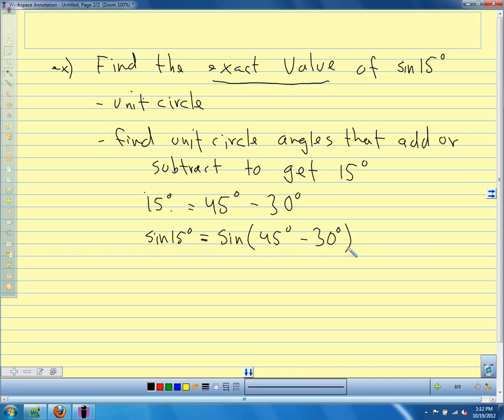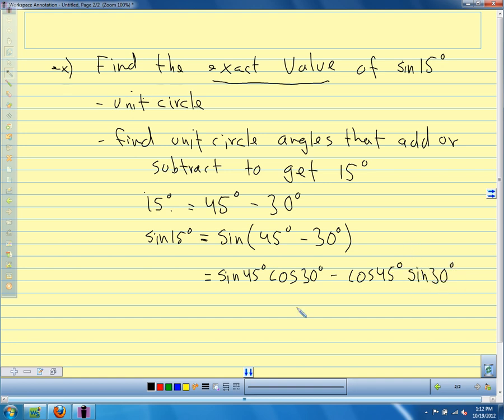And we have a nice identity for finding the sine of the difference of two angles. This is the sine of 45 degrees times the cosine of 30 degrees minus the cosine of 45 degrees times the sine of 30 degrees.